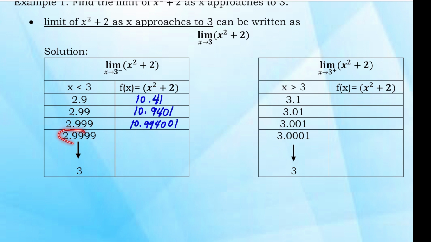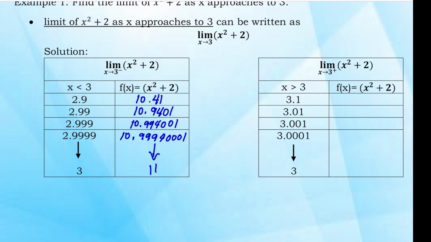Next, 2.9999 used in the function will become 10.999400001. As you can see, the value of the function is getting closer to 11. So we can say that as x approaches 3 from the left side of 3, the function is getting closer to 11.